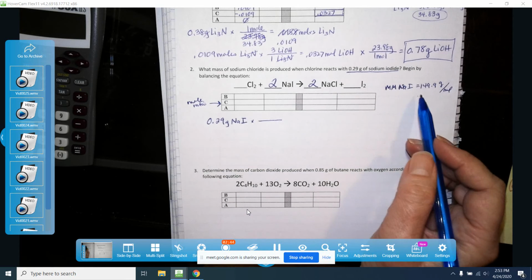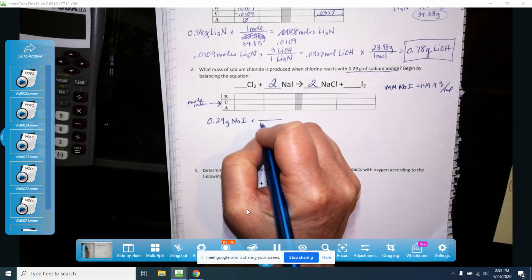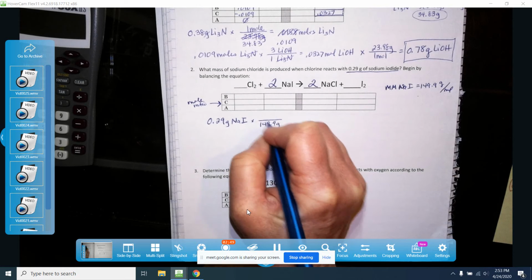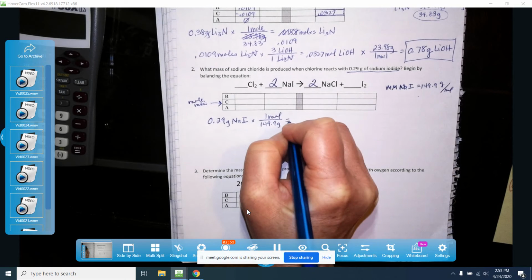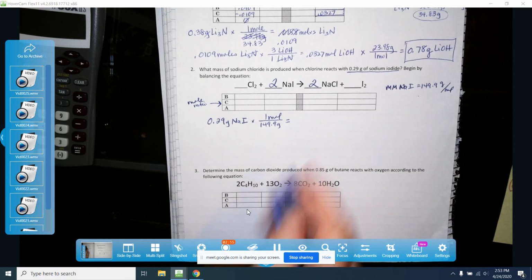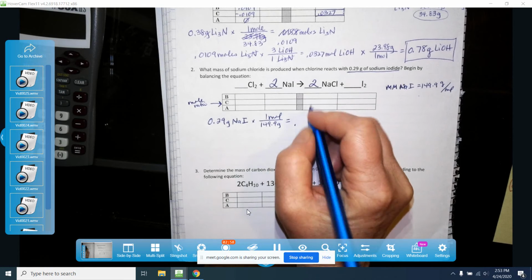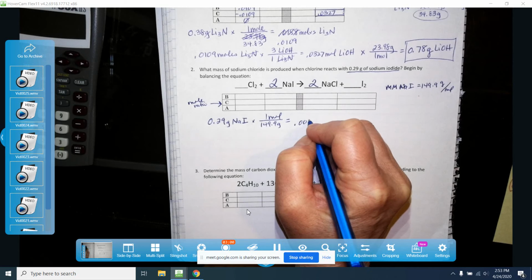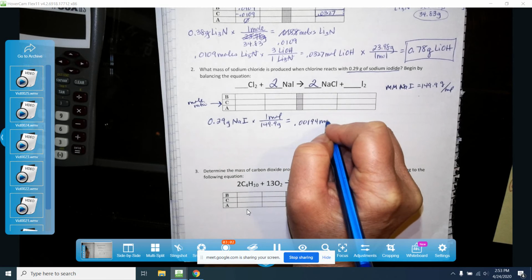That's your converter. Okay, so we're going to take our 149.9 grams, 1 mole, and then we get 0.00194 moles. Let me double check that.